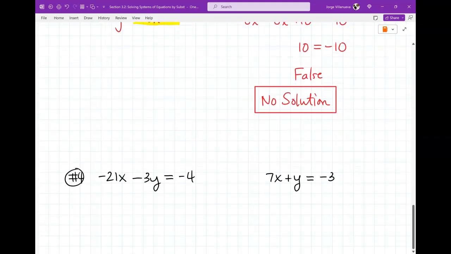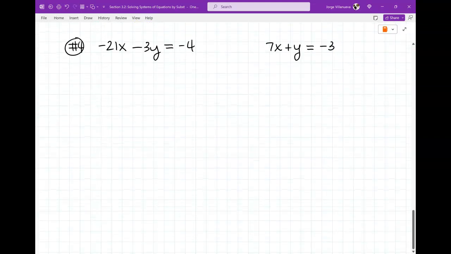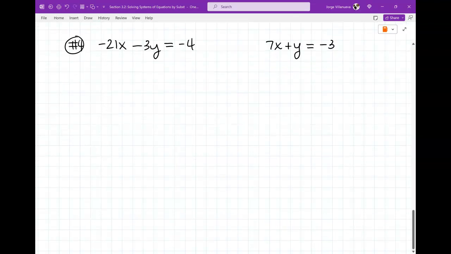All right, last one. So we got 2 equations again. You're supposed to separate them. Step 1. Step 2, pick one of the equations and solve for a variable. Which equation looks easier to you guys? The right side. Which letter do you want to solve for? Y. All right, so we'll solve for y on the right side.